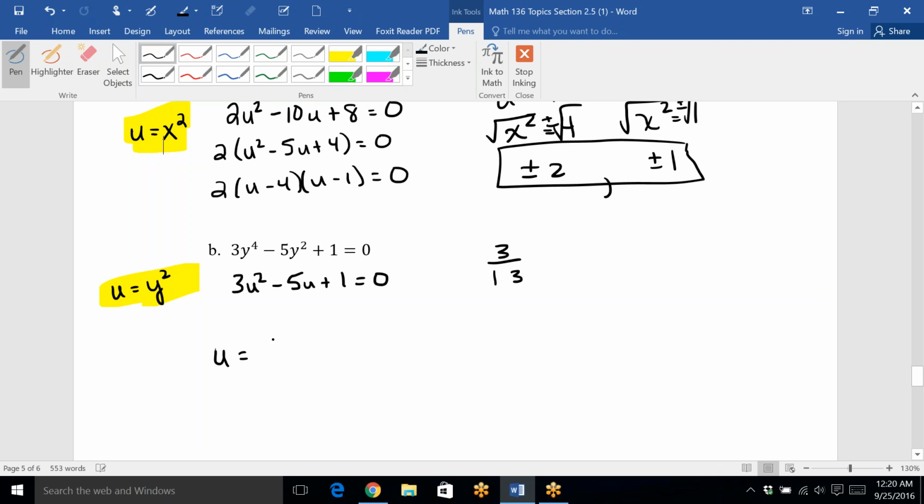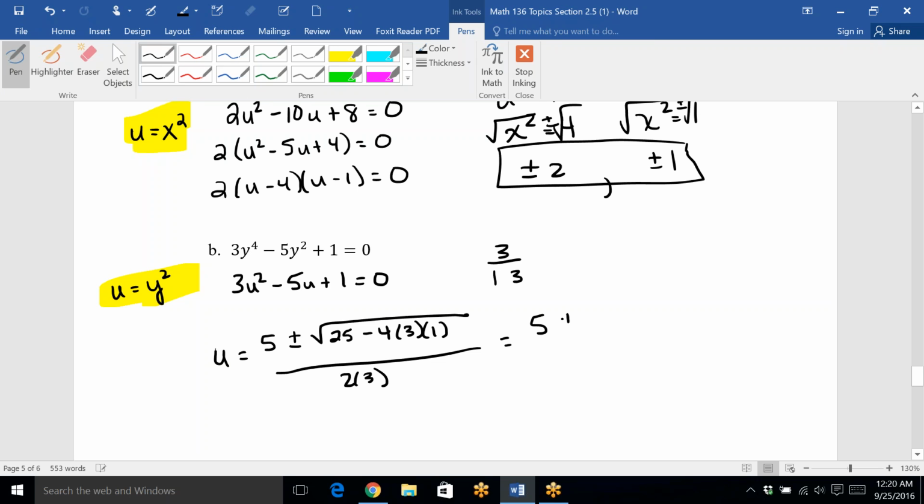So u equals negative b, so that'd be positive 5. So positive 5 plus or minus the square root of b squared, so that would be 25, minus 4ac, all over 2a.